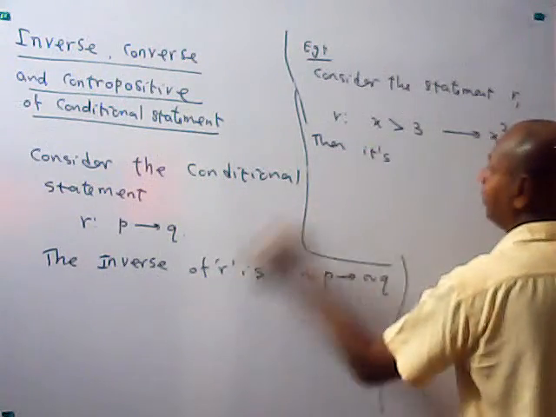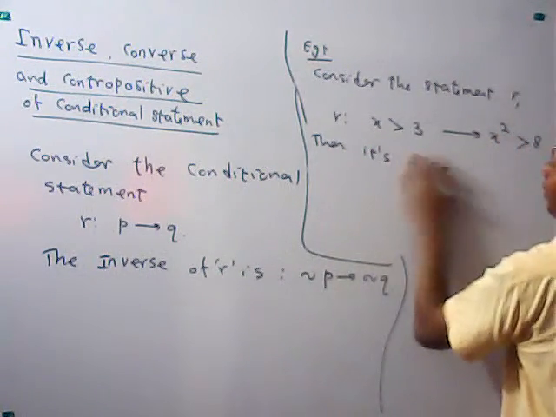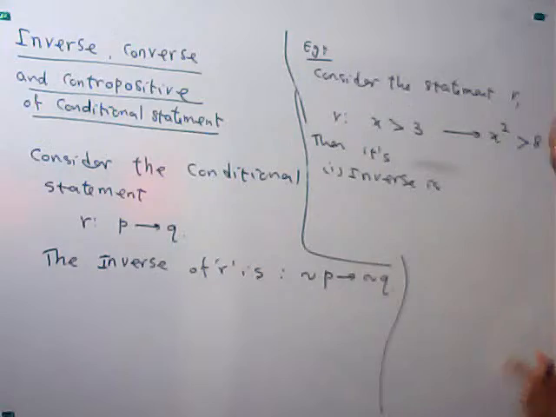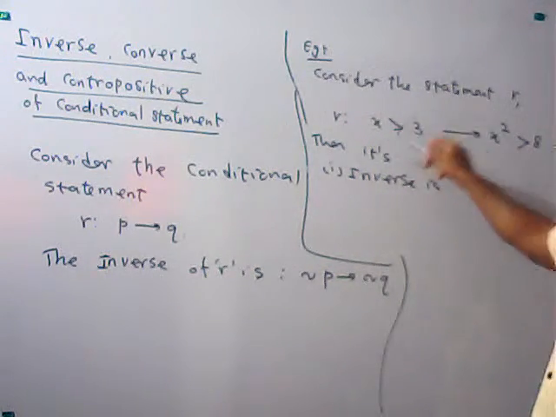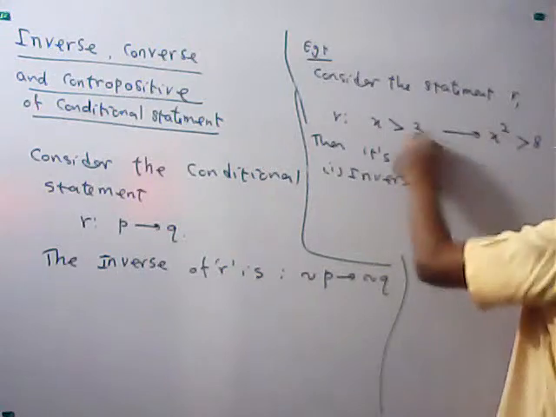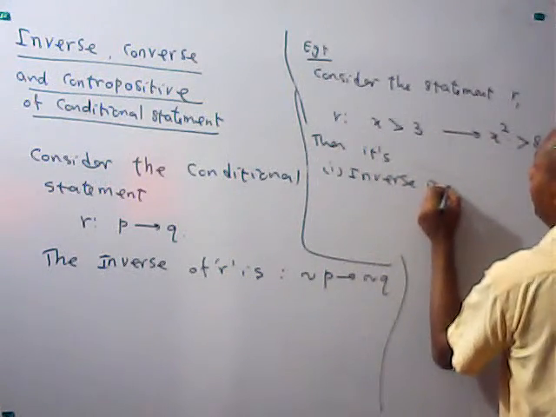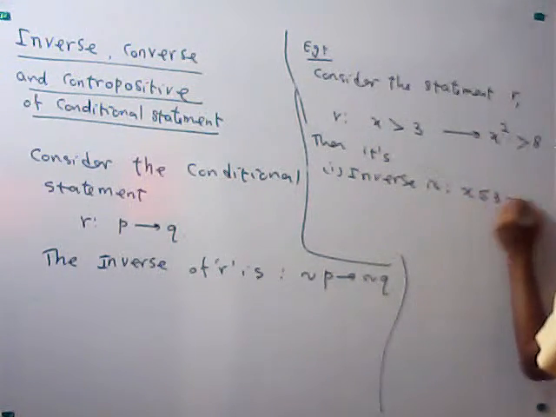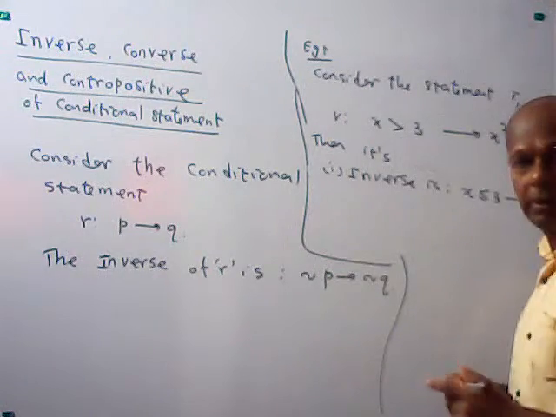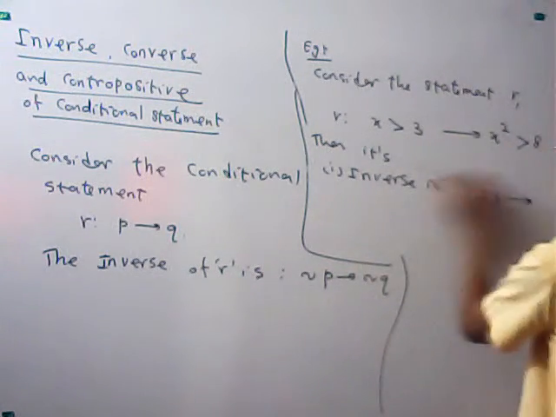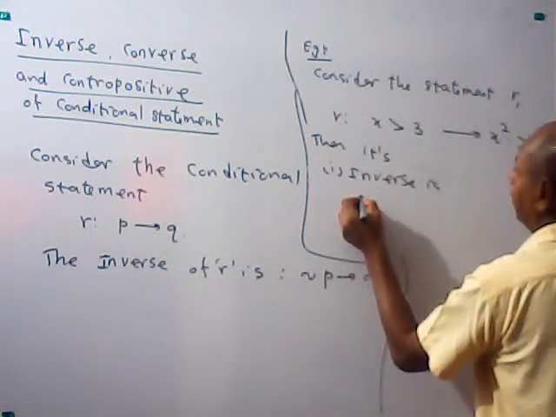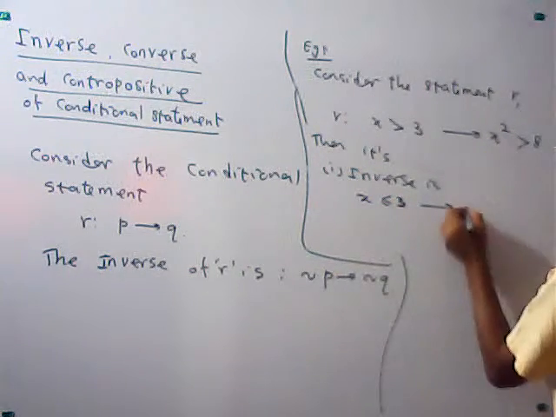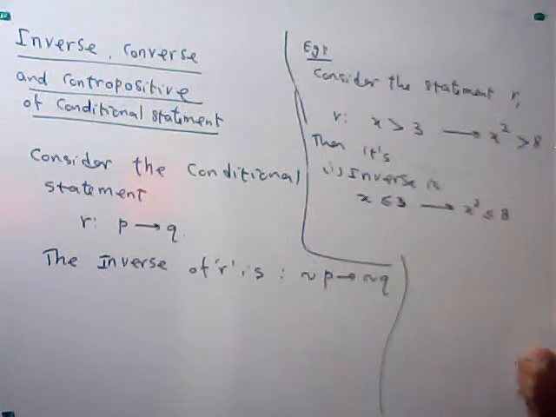Its inverse: the inverse of P implies Q is not P implies not Q. So x is less than or equal to 3 implies x squared is less than or equal to 8. So that is the inverse.